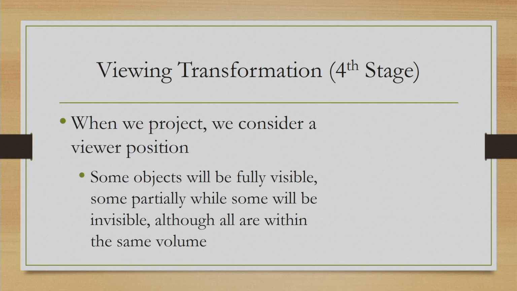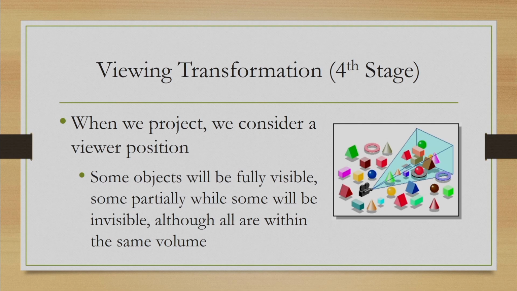Also, when we are projecting, we consider a viewer position, where the photographer is situated and in which direction he or she is looking. Based on that position, some objects may appear fully visible, some may appear partially visible, whereas other objects will become invisible. But all of them may be within the same volume.